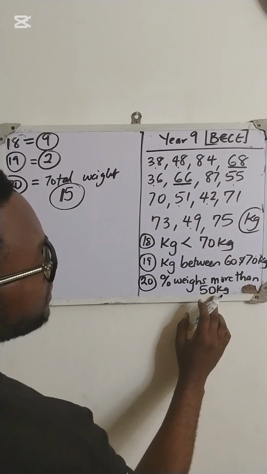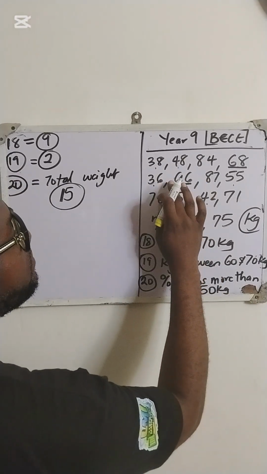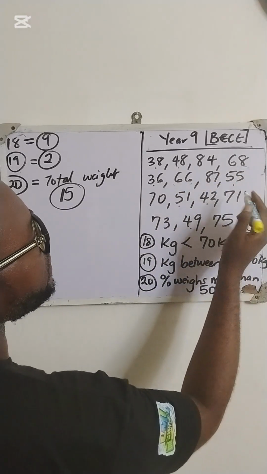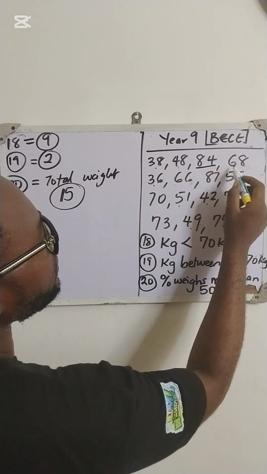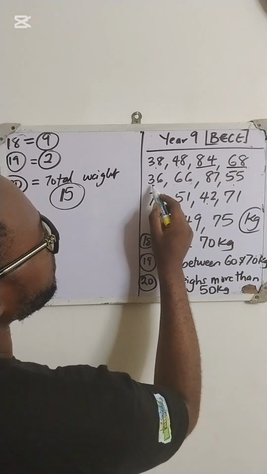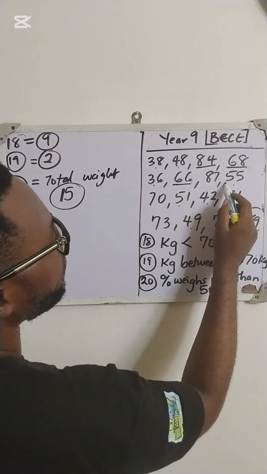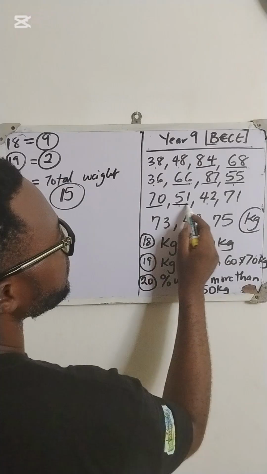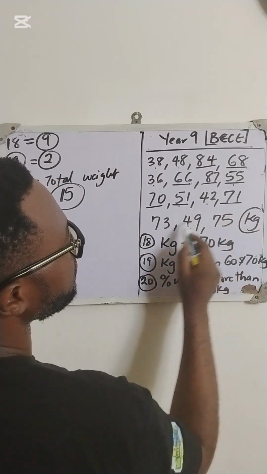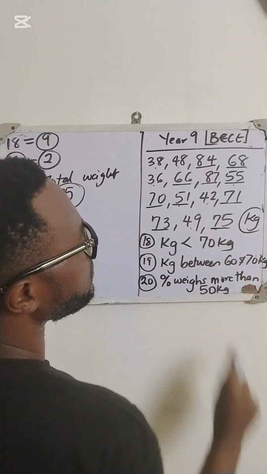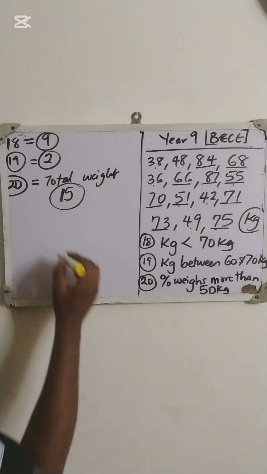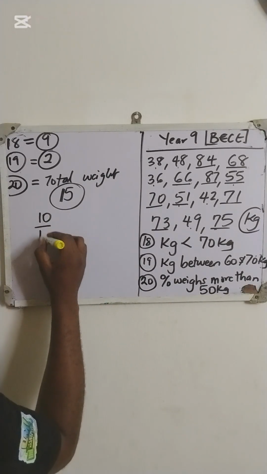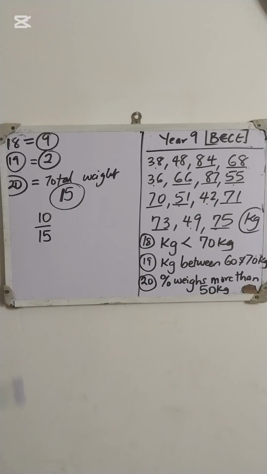Anything more than 50 is what we're going for. So we have 1, 2, 3, 4, 5, 6, 7, 8, 9, and 10. So we have 10 items out of 15 items.